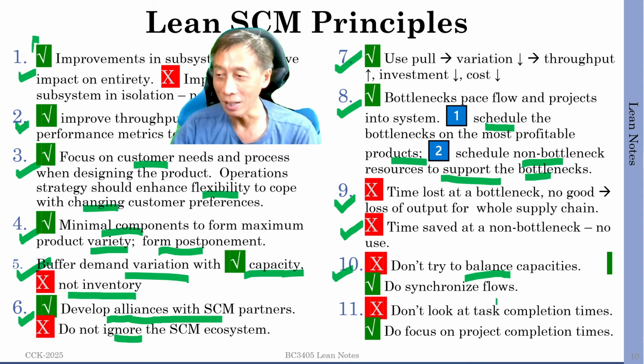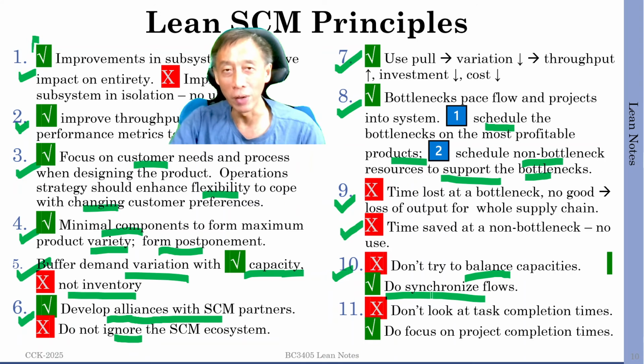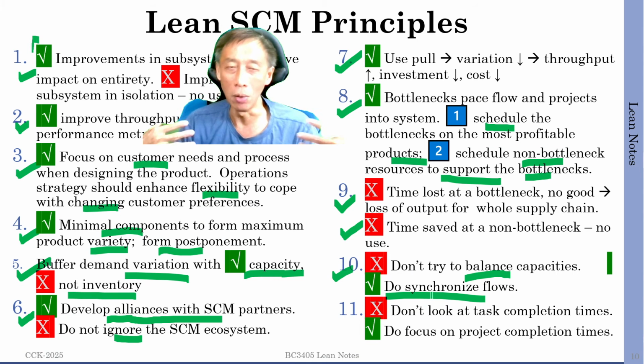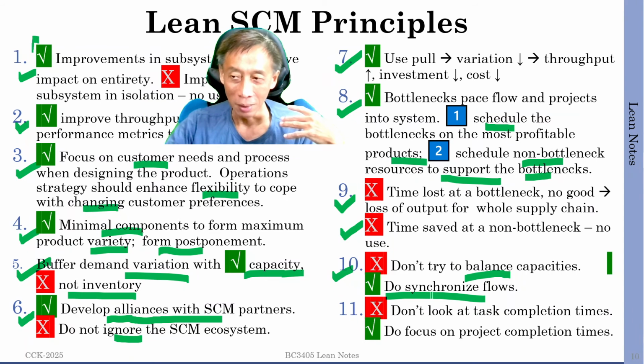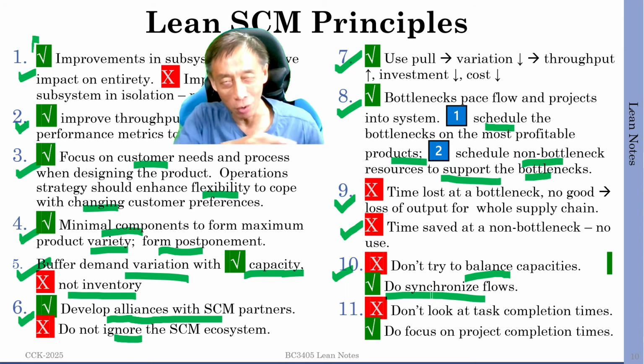Aim for that, right? But if you have to choose between trying to synchronize the flows and trying to balance the capacities, you want to do the synchronization of flows. So of course, with a conveyor belt, that's what most factory lines will automatically be doing, synchronizing the flow. This point 10 wisdom comes in more strongly if John, the bread making factory, doesn't have a conveyor belt.